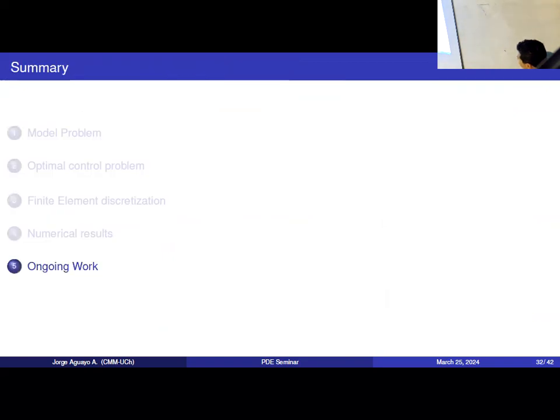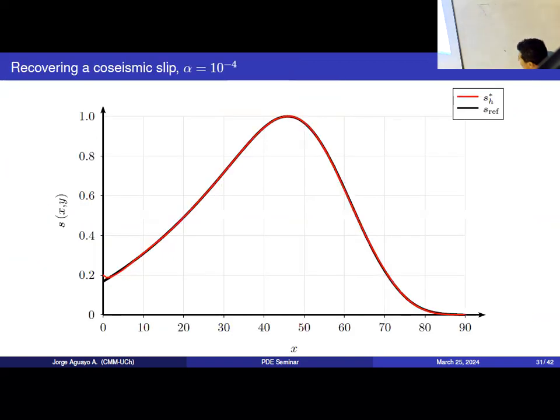Okay, so I have a question. What is exactly your inverse problem? The inverse problem is to recover the jump given some measurements in the displacement. Okay, what are the measurements?